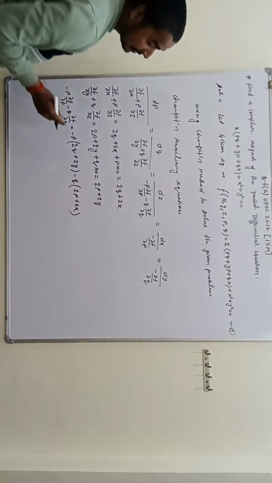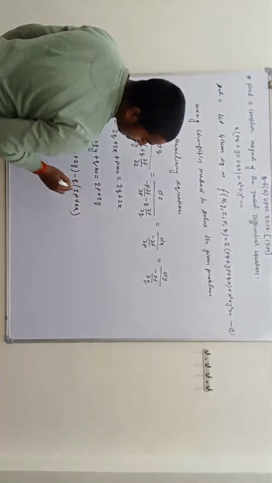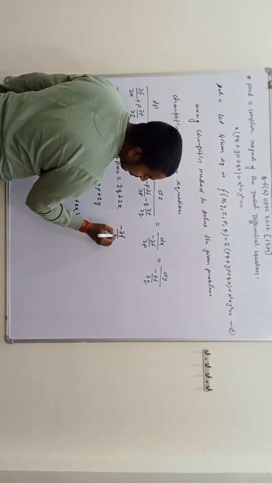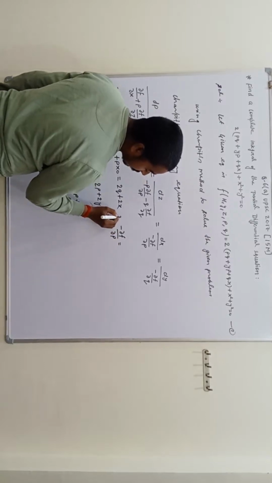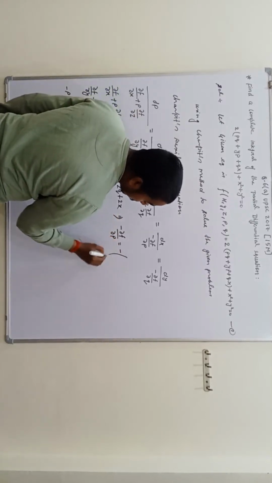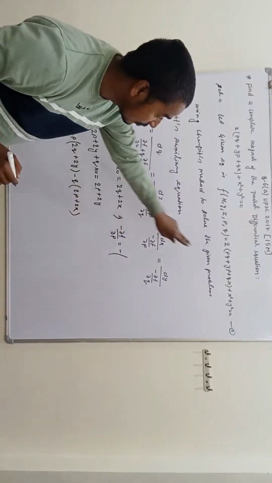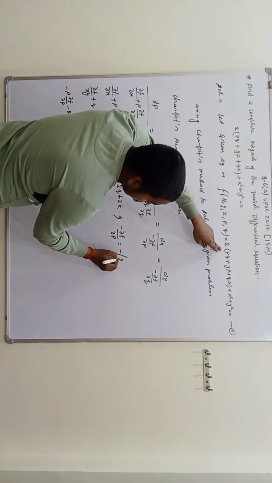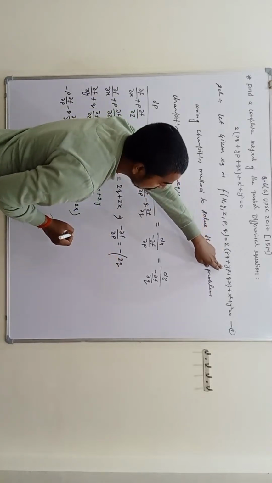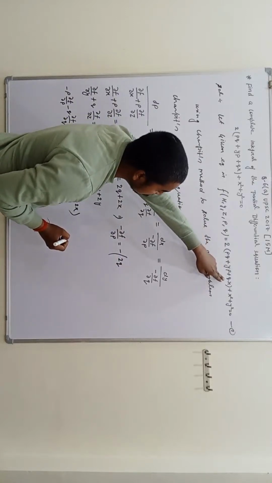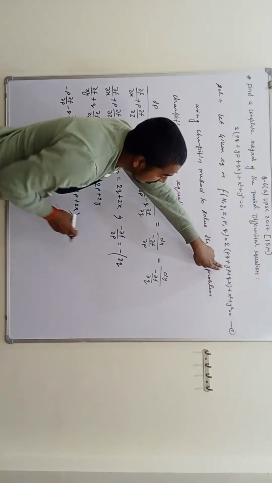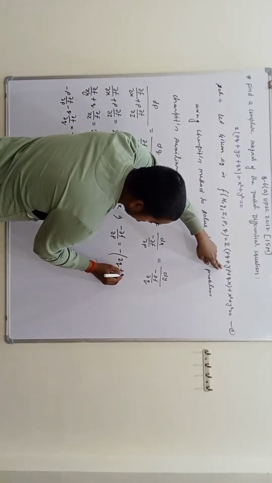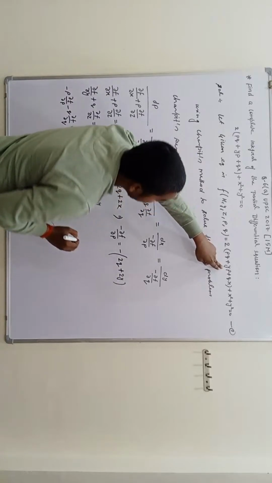Further, we find −∂f/∂p. Differentiating equation 1 partially with respect to p: 2pq gives 2q, and 2py gives 2y, so 2q + 2y.